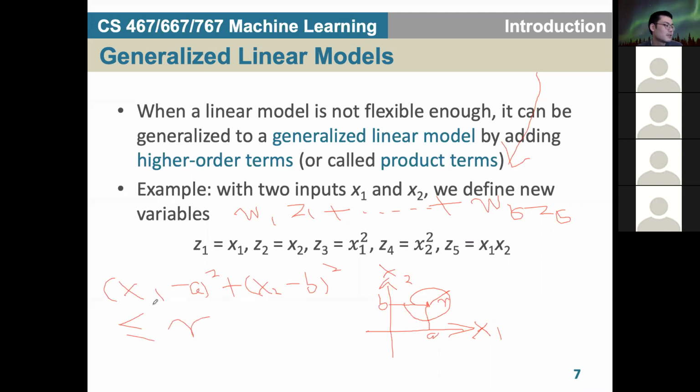But if you take all these terms, you can see this term is x1 squared, which is one of the terms, so the coefficient is 1. W3 is 1, okay? And this is x2 squared, which is this term's weight. And there are also other terms, like 2ax1, which is this weight. And finally, you have the constant, which is basically W0.